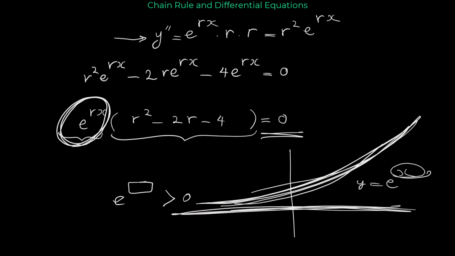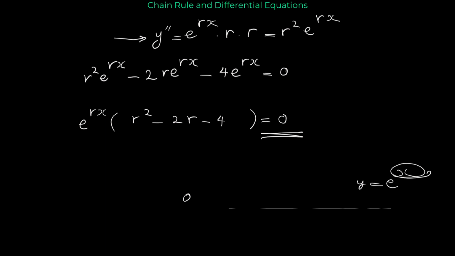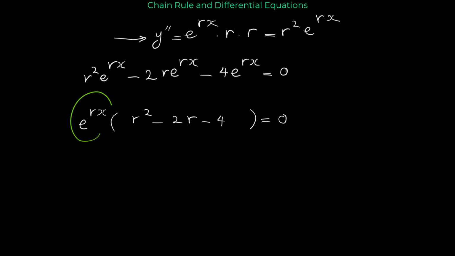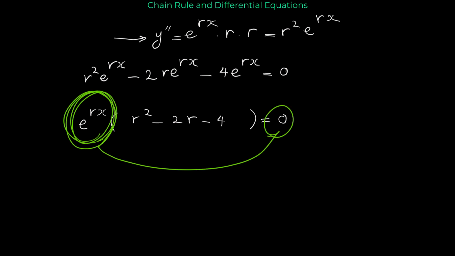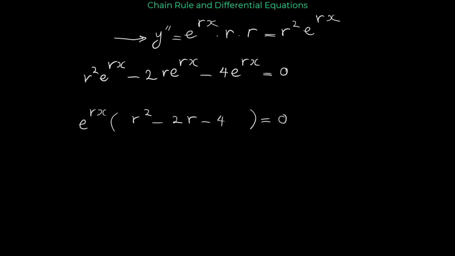So it doesn't matter what the expression in the exponent is, e to any power is always positive. So the first expression here is never going to be equal to 0. Because this is not equal to 0, the bracket should be equal to 0, and by solving that equation, we can find r.